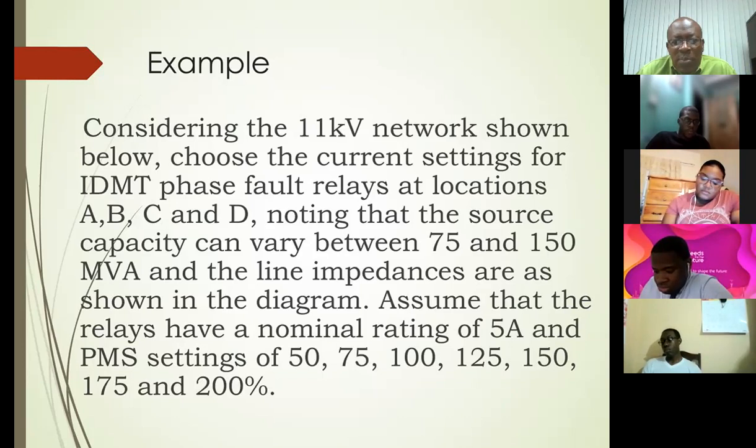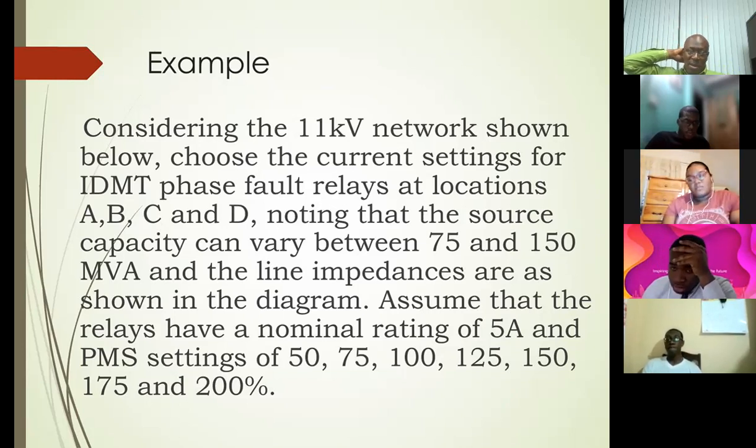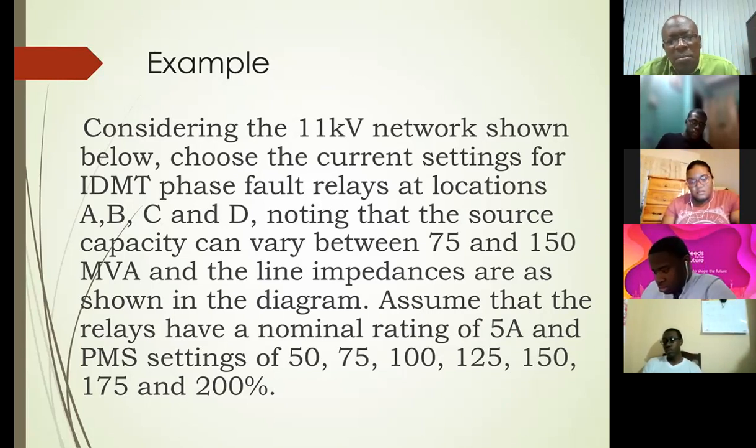The source capacity can vary between 75 and 150 MVA, and the line impedances are shown in the diagram. Where we have the taps to go into the various communities, we have a certain amount of impedance.